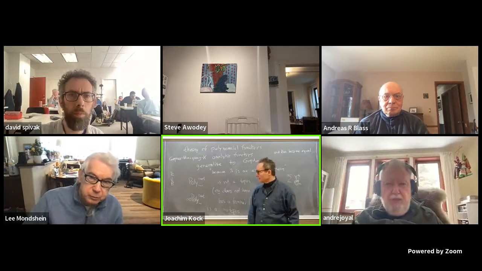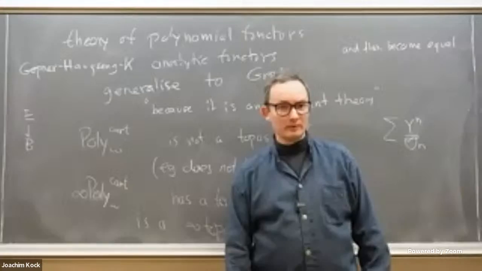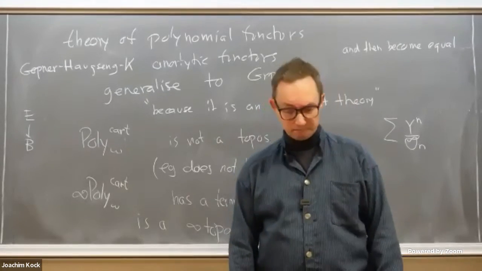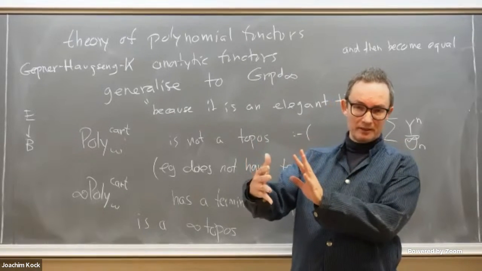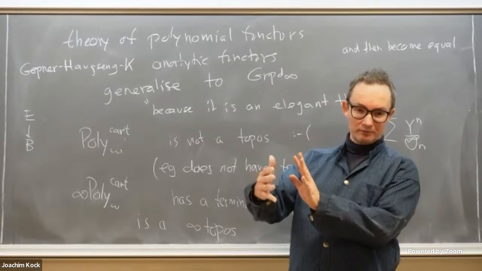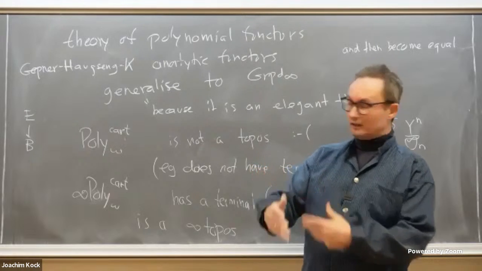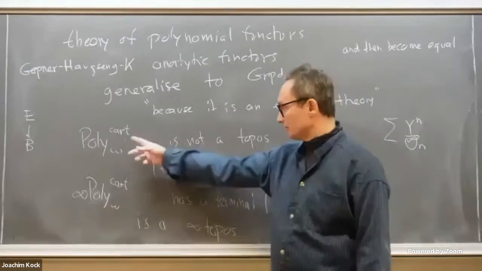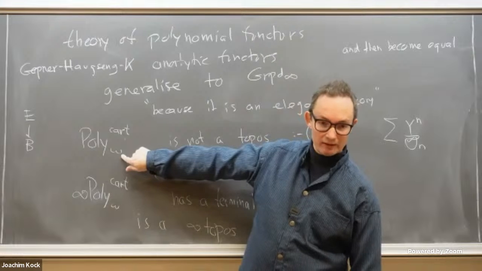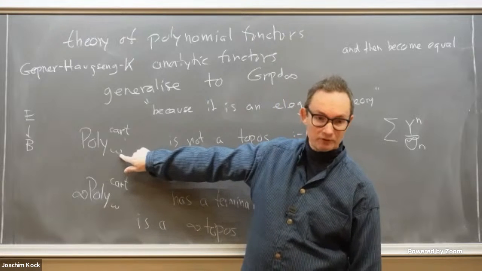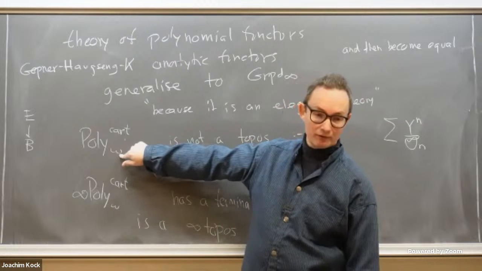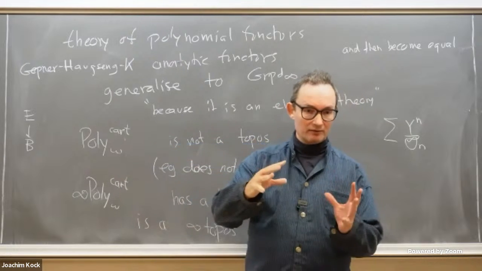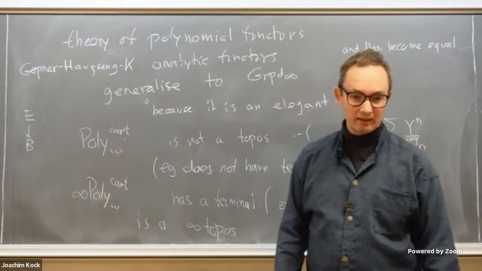Yes. There are two ways you can get around it. Either you can still have your coefficients to be integers, so you take values in sets, and you can keep track of that with this little thing here. Instead of preserving filtered colimits, you can preserve sifted colimits. In that case, you still want your coefficients to be integers.